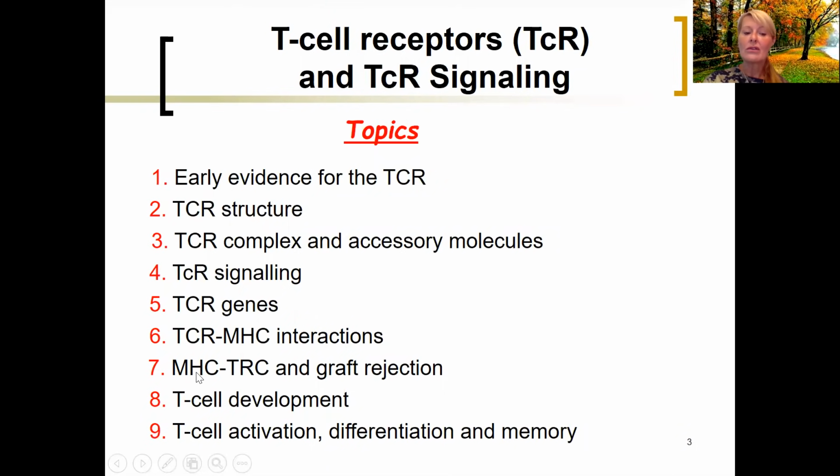We'll talk also about MHC and TcR in terms of the role in graft rejection, T cell development, and finally T cell activation, differentiation, and memory.